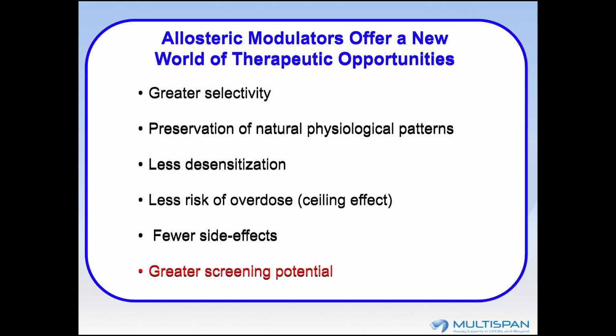The next slide shows a number of properties that allosteric compounds can have that actually make them very attractive as therapeutic targets. The last one I show in red because it underscores how allosterics can basically bind to any site on the protein. This does two things. One is it makes the hit rate in an allosteric screen higher than in a standard orthosteric screen, because molecules can basically bind anywhere.